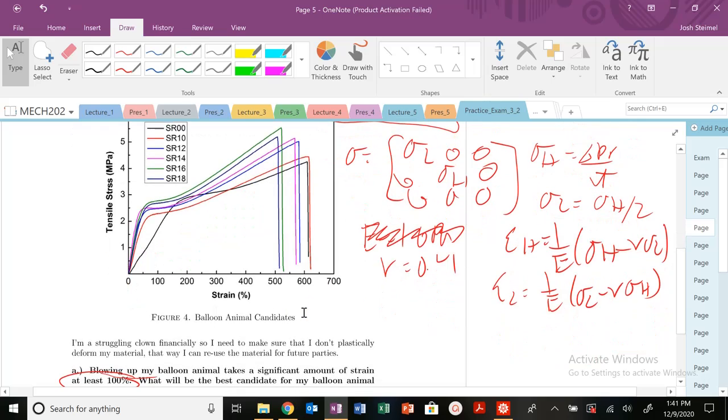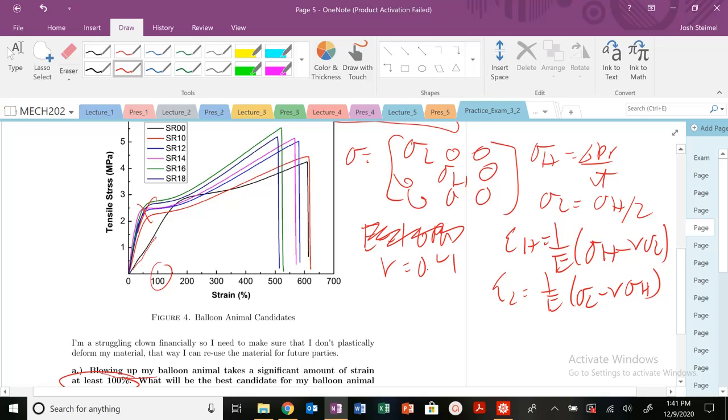Well, looking at these curves here, at 100% strain, all of these have yielded with the exception of my black curve right here. And I can also kind of estimate, let's look at this line right here.